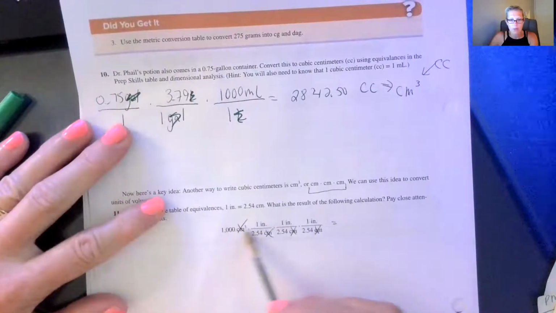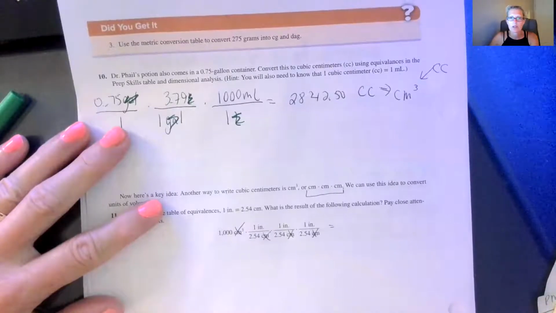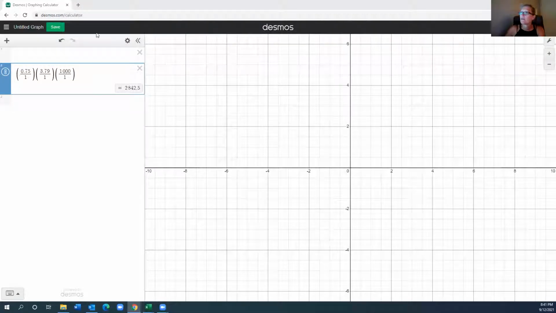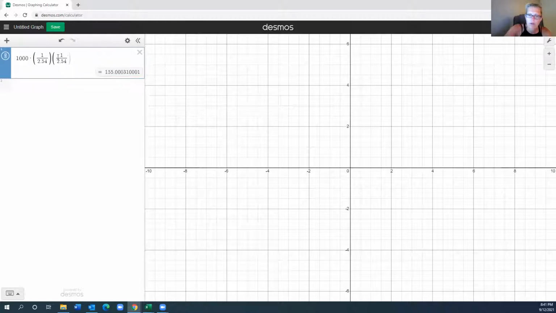So in Desmos, if you multiply this, I'm showing you here. We get 1,000 times 1 over 2.54, and then 1 over 2.54, and 1 over 2.54.